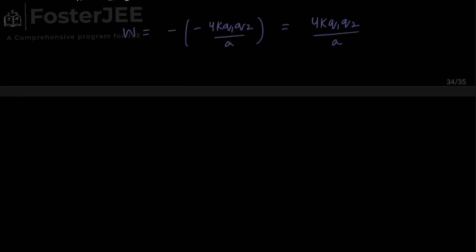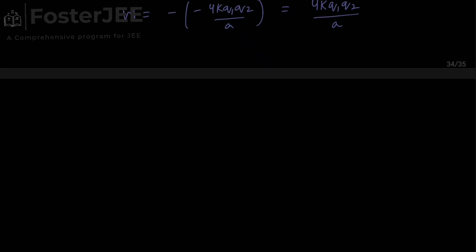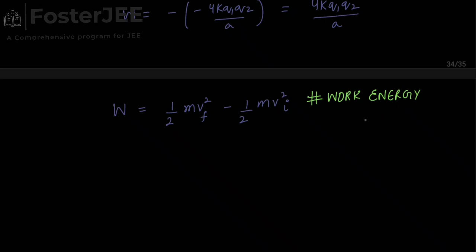Now from mechanics, we know that work done on any particle will be converted to kinetic energy increment, that is final kinetic energy minus initial kinetic energy. This is the statement of the work energy theorem.